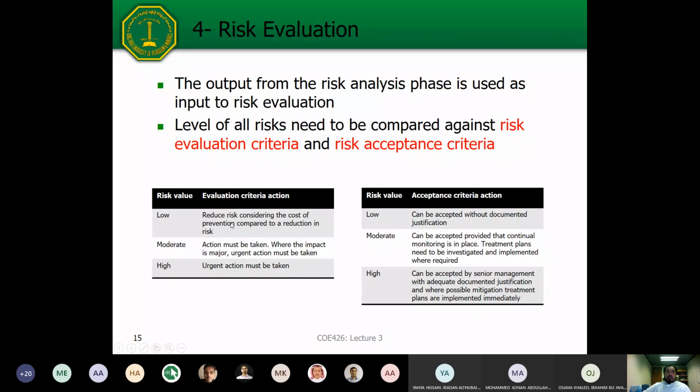So for example, for a low risk value, the evaluation criteria could be to reduce the risk considering the cost of prevention compared to the reduction of the risk. So if we have a low risk, how should we evaluate it in terms of acceptance? Okay, if it is a low risk value, you can accept it with documented justification. What does that mean?